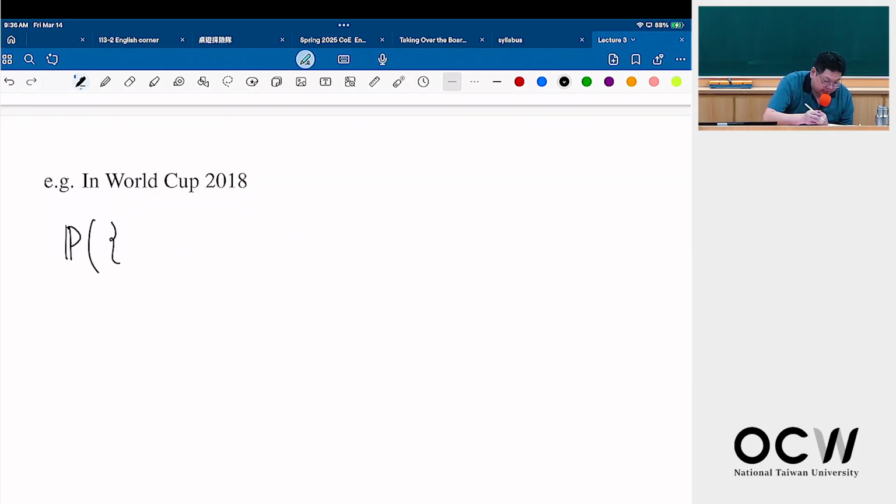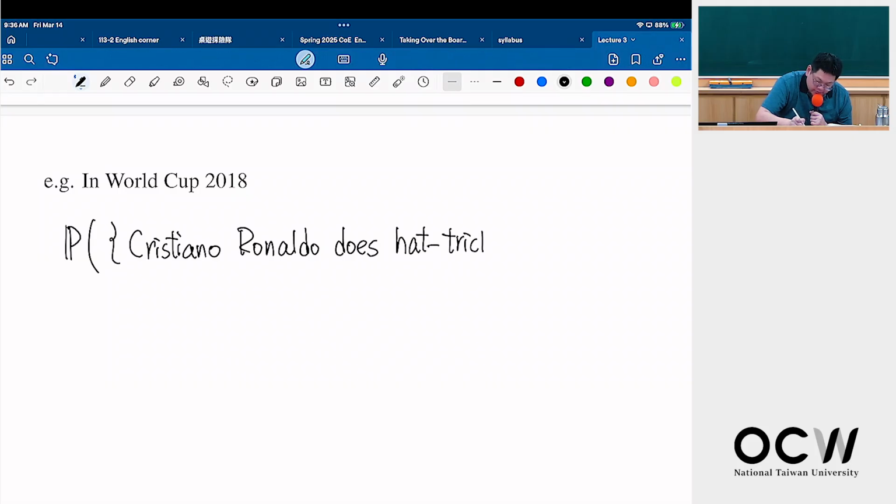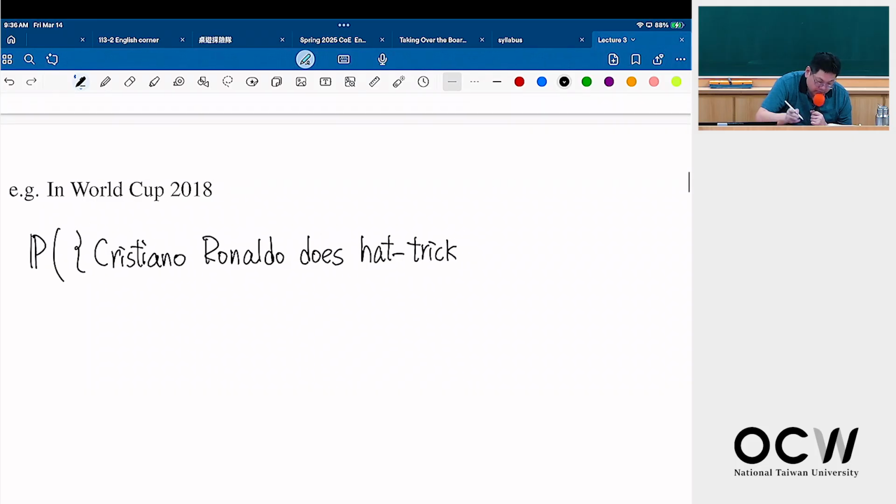Okay, suppose we know that the probability Cristiano Ronaldo does the hat trick in one game.